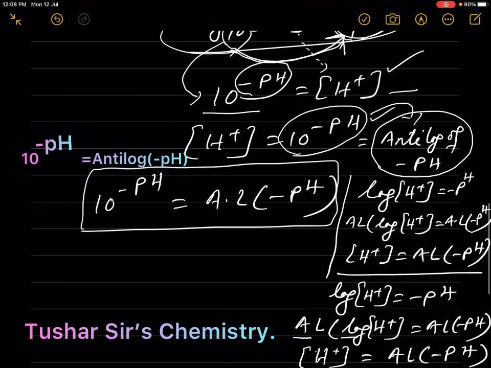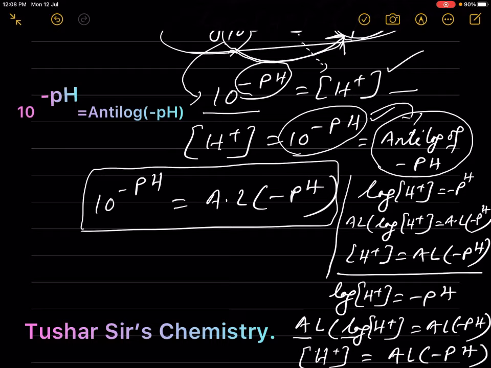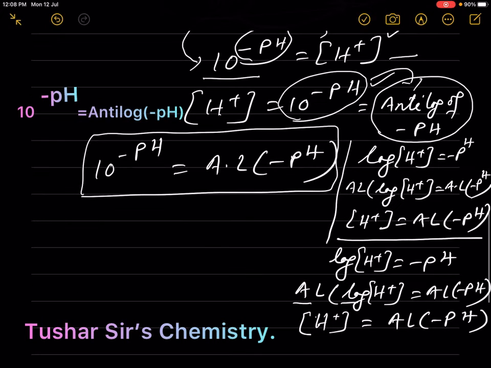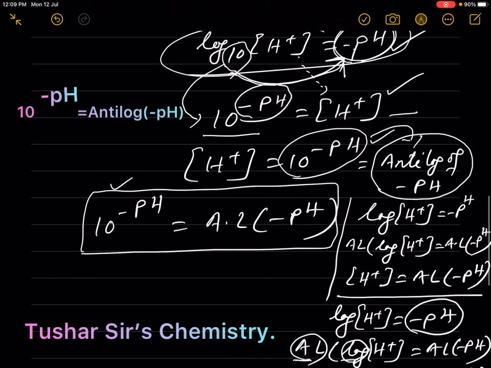How do you get anti-log of minus pH? Log H plus ion concentration is equal to minus pH. Anti-log on both sides gives anti-log log H plus is equal to anti-log of minus pH. Anti-log and log cancel on the left hand side, and H plus ion concentration is equal to anti-log of minus pH. So 10 to the power minus pH is otherwise known as antilog of minus pH.